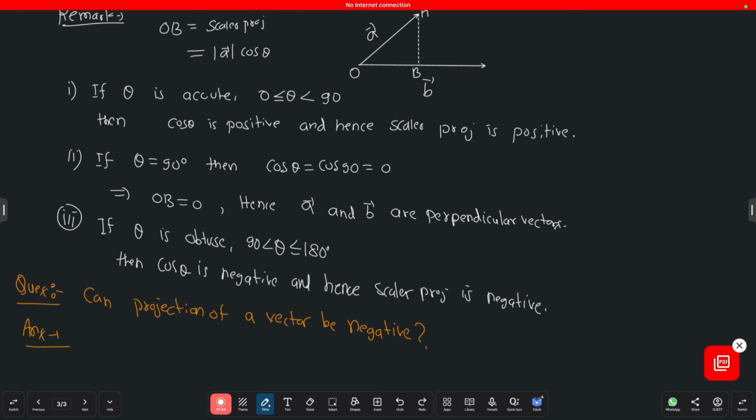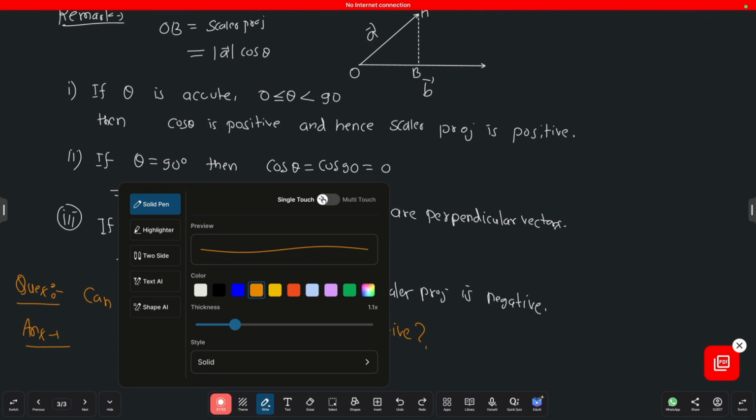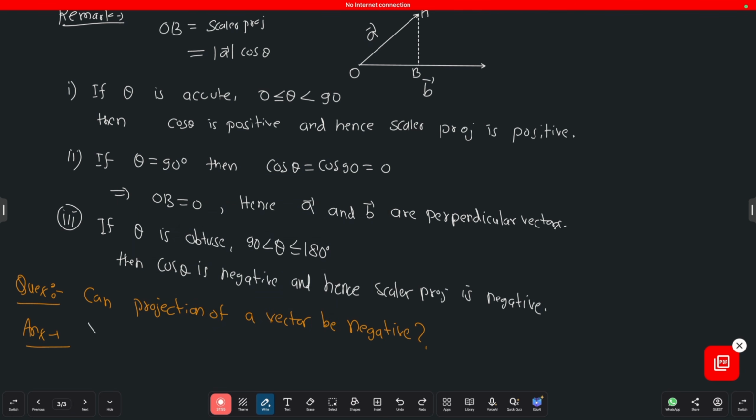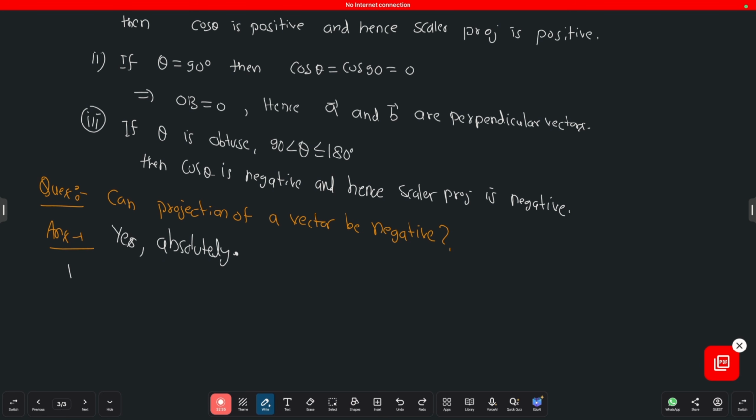Can projection of a vector be negative? What is your answer? Yes, absolutely. Yes. It is surprising.